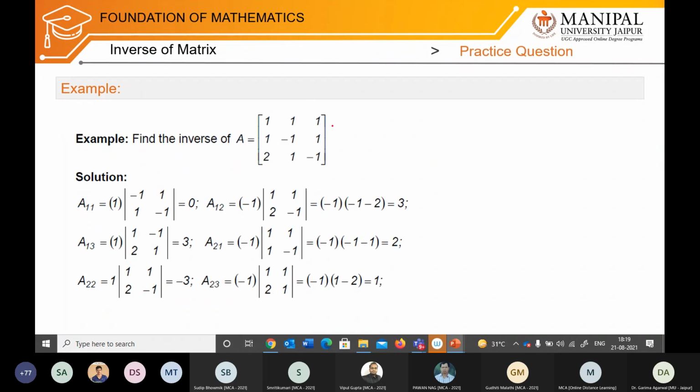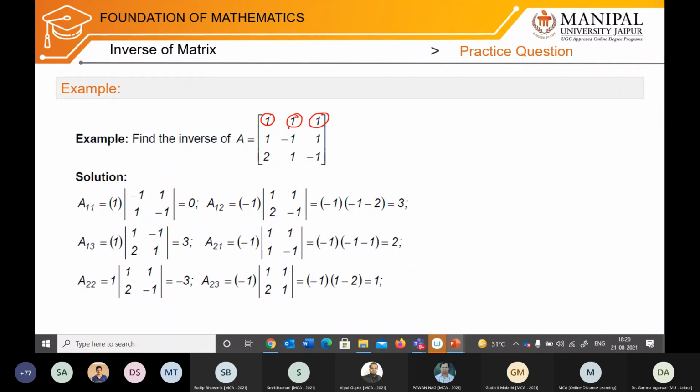Here also we need to find the inverse of this matrix, right? First of all we need to find the minors. Minor for A11 is the determinant with minus 1, 1, 1, minus 1, with multiplication of 1. Then minor for A12 with negative sign, 1, 1, 2, minus 1.